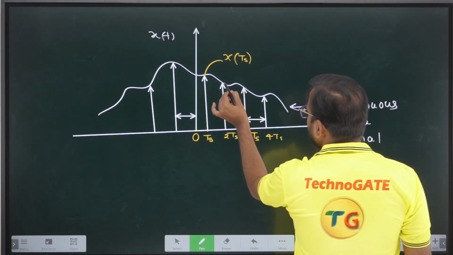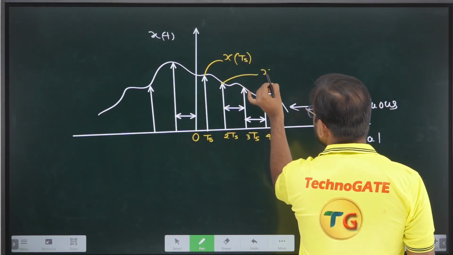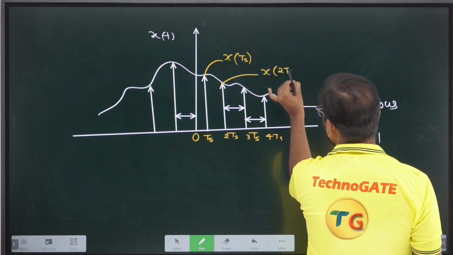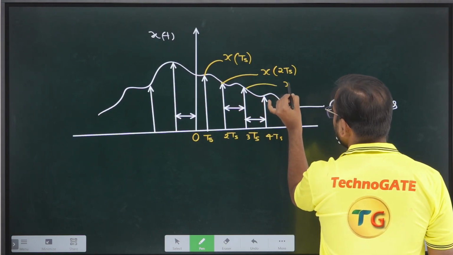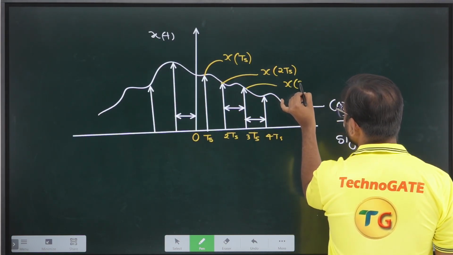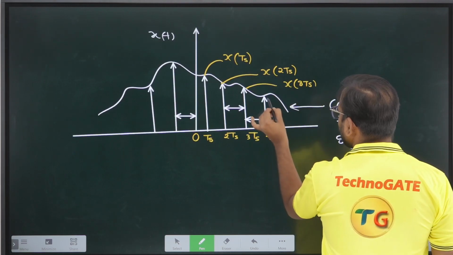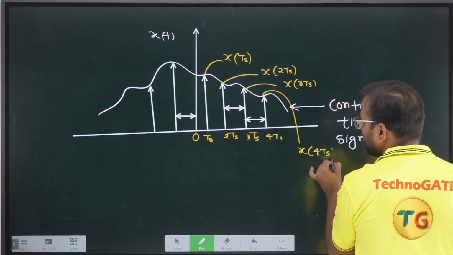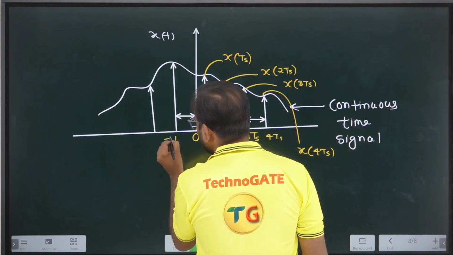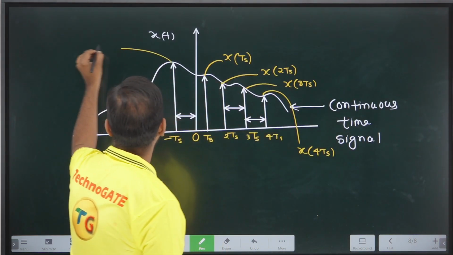Then this sample is x of 2Ts. Maybe Ts equal to 1, so this is x of 2. This sample is x of 3Ts. This sample is x of 4Ts. This sample is maybe x of minus Ts.